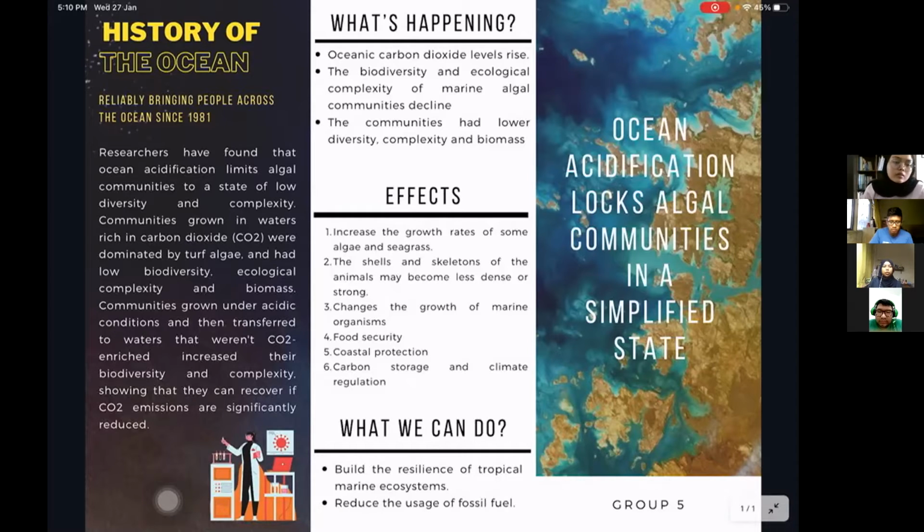Communities growing in waters rich in carbon dioxide, CO2, were dominated by turf algae and had low biodiversity, ecological complexity, and biomass. Communities grown under acidic conditions and then transferred to waters that weren't CO2 enriched increased their biodiversity and complexity, showing that they can recover if CO2 emissions are significantly reduced.